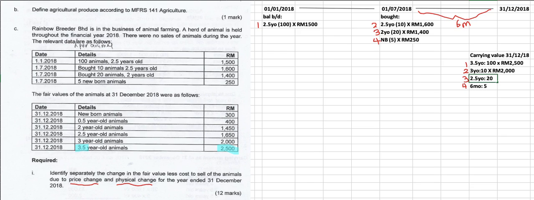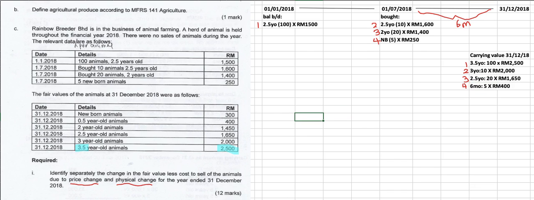So we times with RM 1650. Okay, that 6-month old, this one 0.5, the fair value is 400. So we times with RM 400.